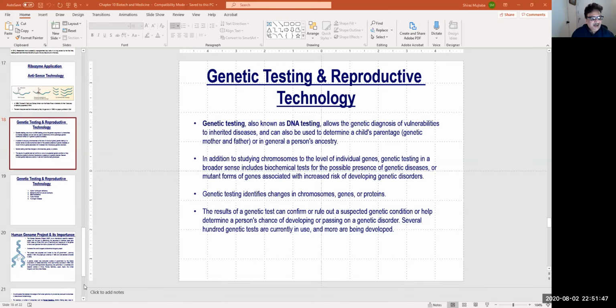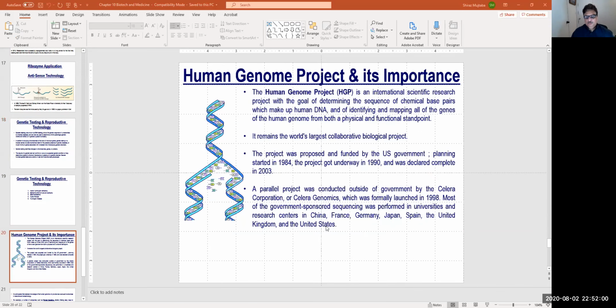Now the last small topic that I would like to discuss today is called the Human Genome Project. This is the most important project of modern days. As the name suggests, human genome. We talked about proteomics, proteome. Here we're talking of genome.